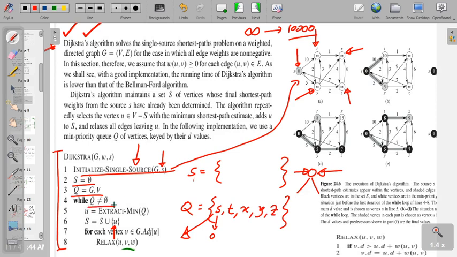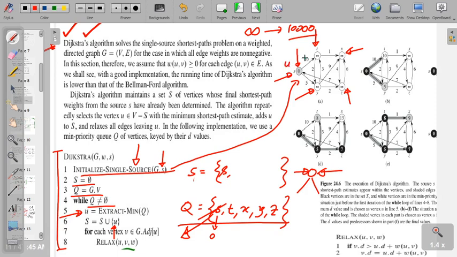And then while q is not empty, so here I am saying q is not empty. What we have to do is u equal to extract min q. So we have to extract this node, and then put it into this. This is small s, and this is capital S. Once I have discovered this node, I have to check that via this node, this will be our U in the relax procedure.